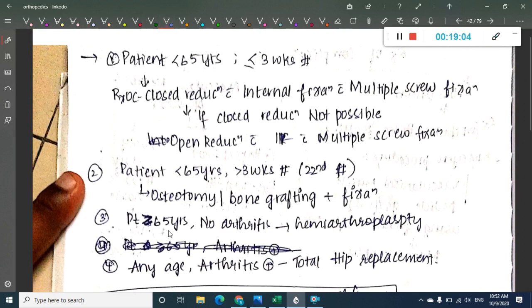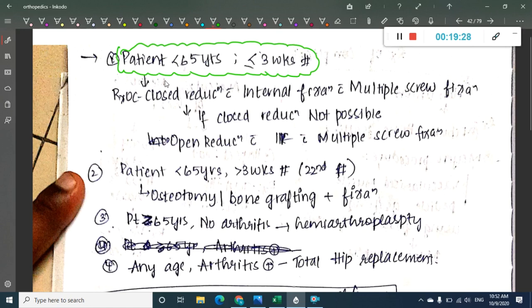So what are the different scenarios for hip arthroplasty? The first is, think that a patient is less than 65 years of age and the fracture duration is less than 3 weeks.